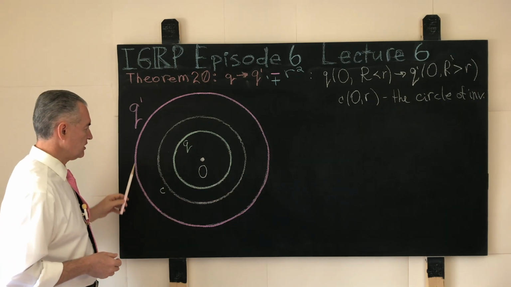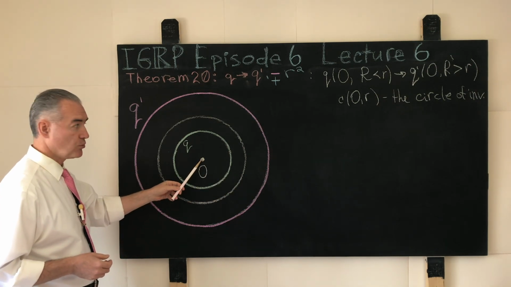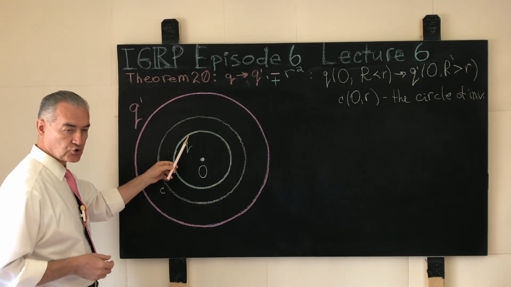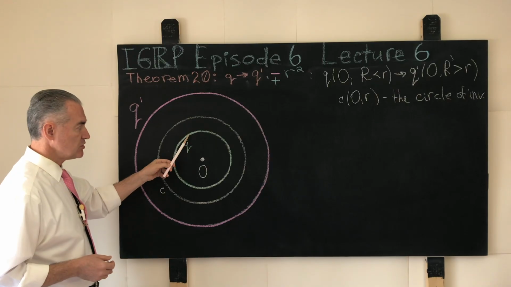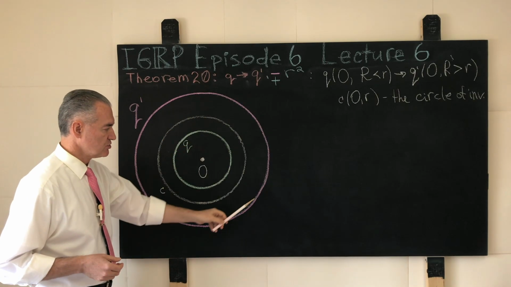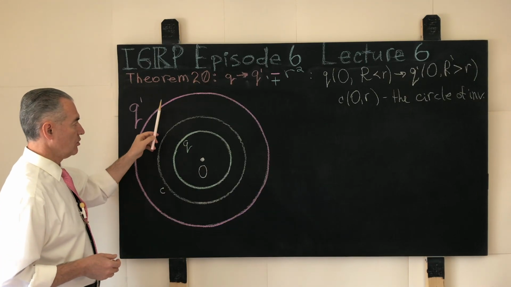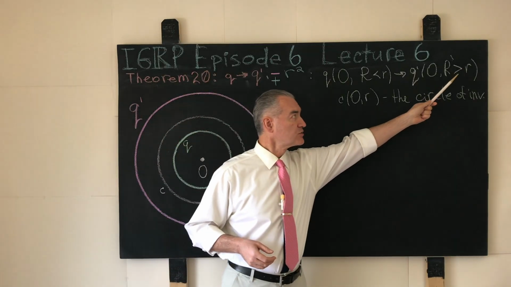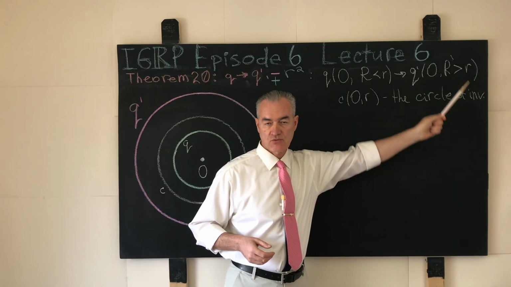As we can see, it is also concentric with the circle of inversion and with the sample circle Q, but that image circle Q prime is located strictly outside of the circle of inversion.